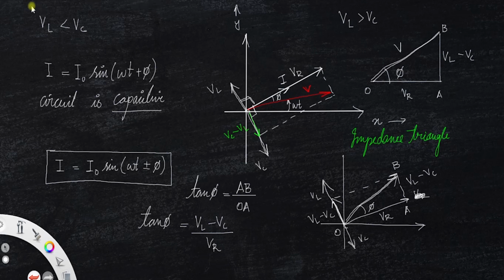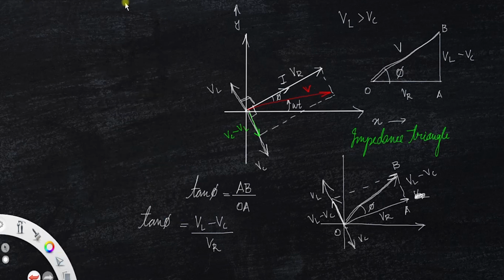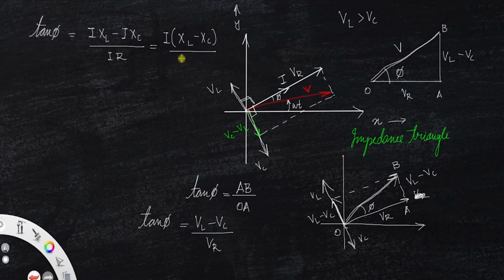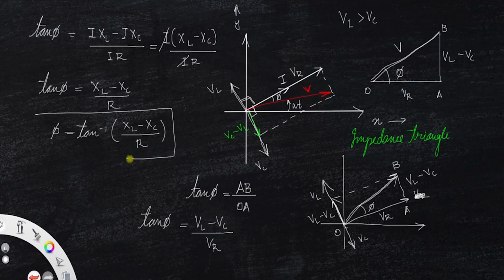Or you can write this as tan phi is equal to I into XL minus I into XC divided by I into R. You can take the I common, so it will be XL minus XC by R. Therefore, tan phi is equal to XL minus XC by R. Or you can write phi is equal to tan inverse of XL minus XC divided by R. Clear? So this is the phase angle.